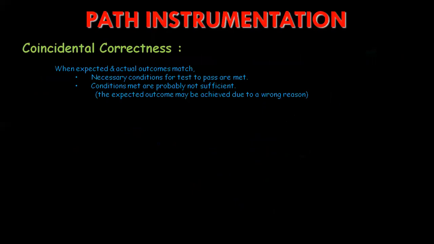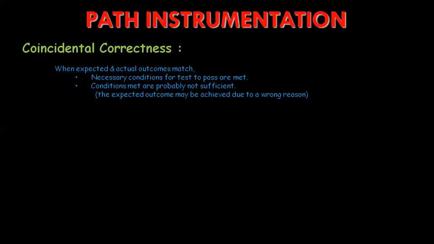Let us see what is coincidental correctness. Coincidental correctness stands for achieving the desired outcome for the wrong reason. Since the test outcome is considered part of the design process and the test is made to run for comparing the actual outcomes with the desired outcome, even if the desired outcome is equal to the actual outcome, only some of the conditions may be satisfied by the test, which may not be sufficient.